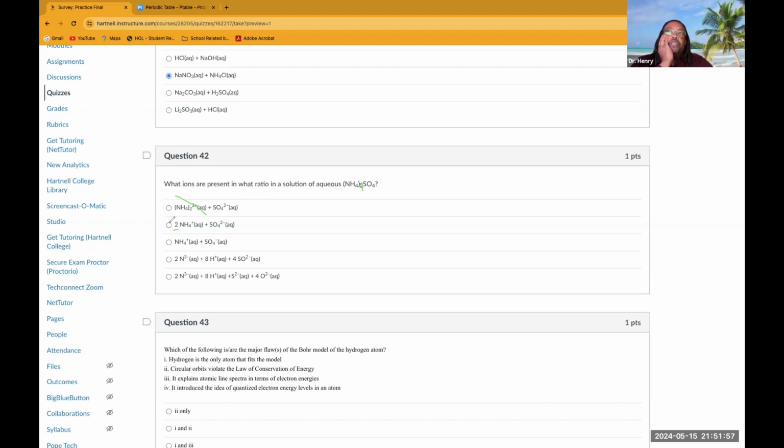So this actually would be the correct answer. This would be incorrect because of the charge, since the sulfate doesn't have a two charge. And this would be incorrect because it doesn't break down into just nitrogen ions and hydrogen ions.